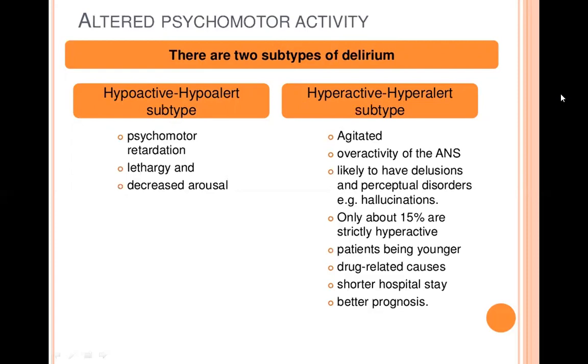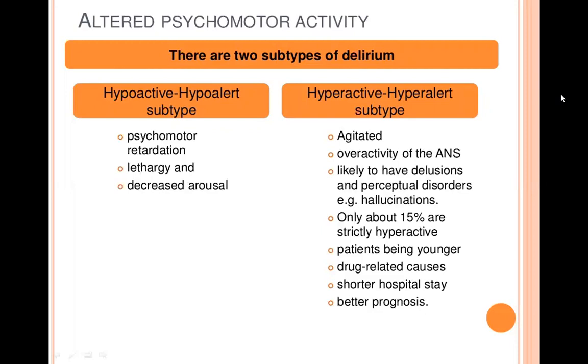Then hyperactive hyperalert. In the second type of delirium, the person is hyperactive and hyperalert compared with a normal person.